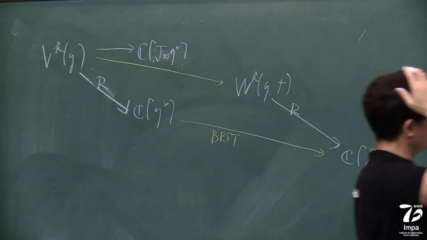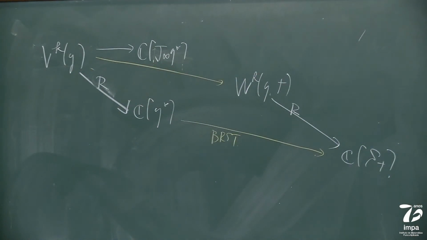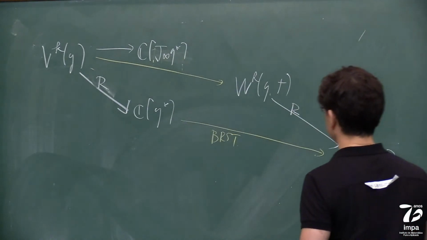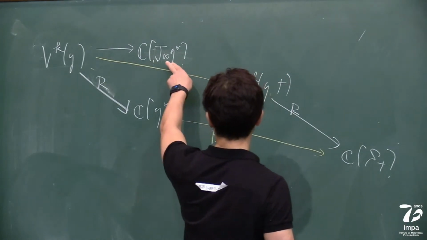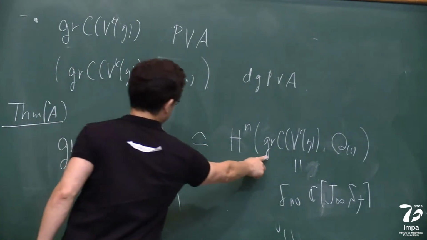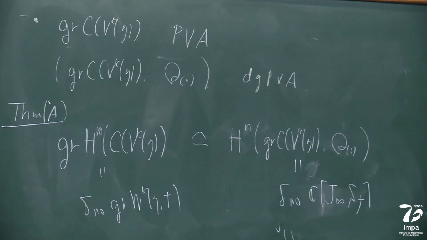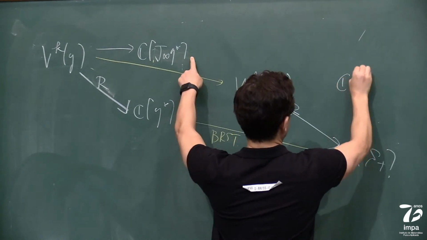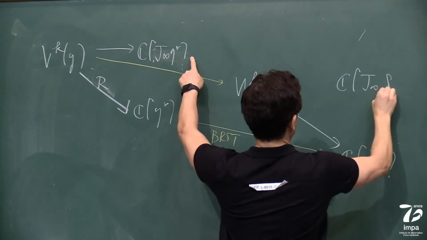Maybe I should have explained it more explicitly. But this is written in terms of jets, and this statement is the same as BRST reduction of this one is the same as the jets of the slot slice.